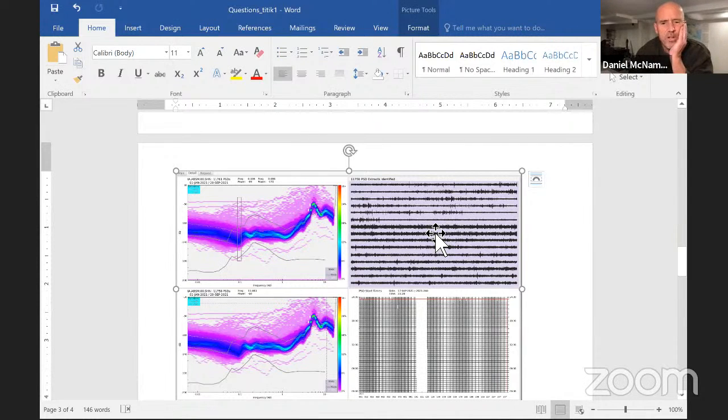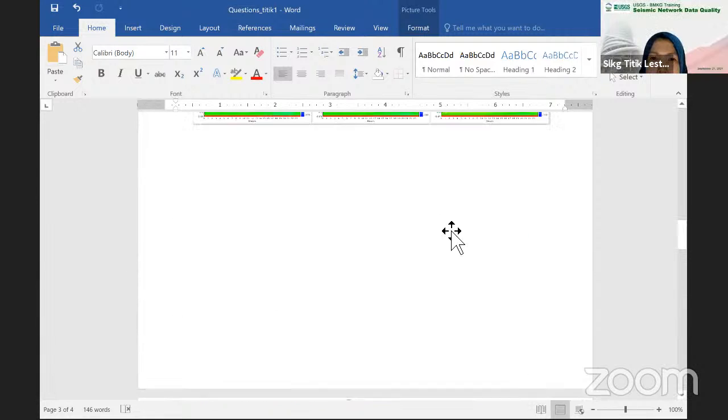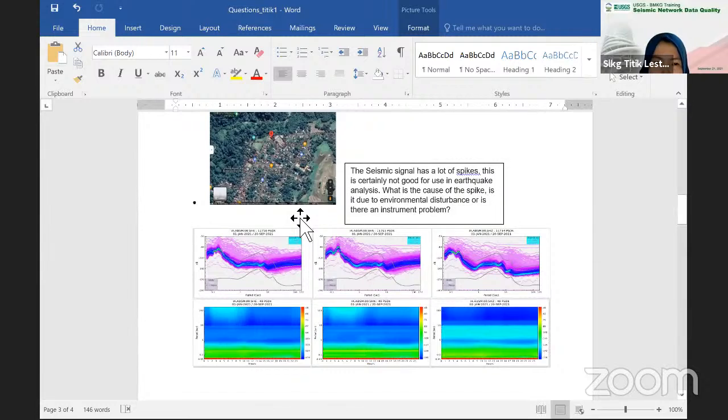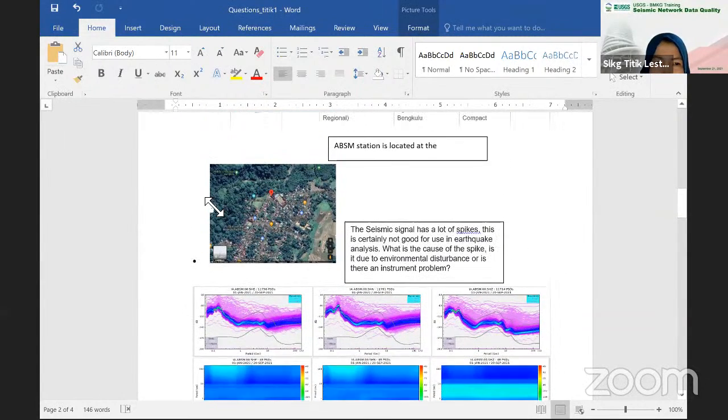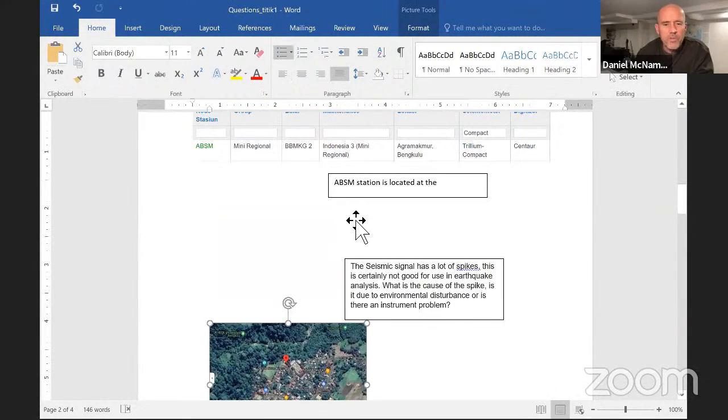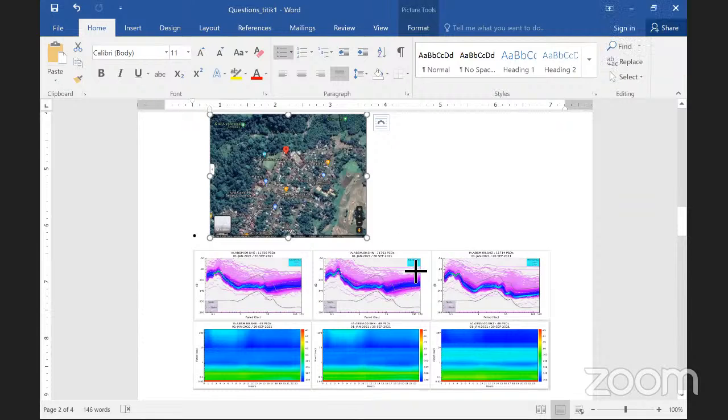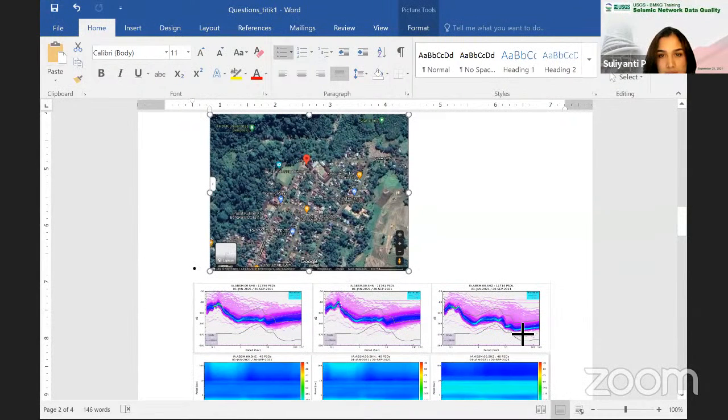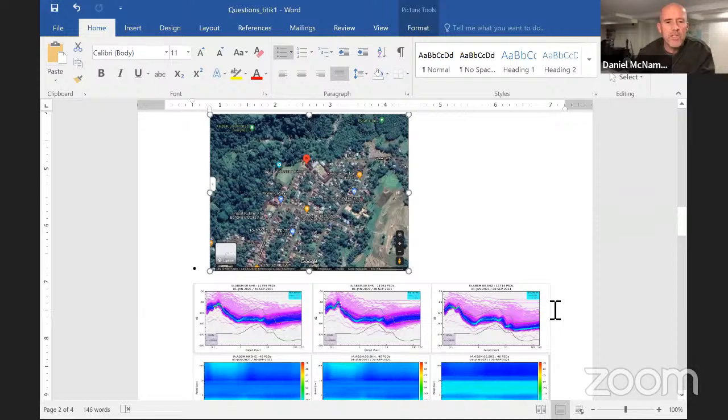Good question. Those don't look like sensor problems. It just looks like local noise conditions. This is also in a city, I assume? In a village, maybe. Do you have a satellite image? Okay, so it's fairly well populated there.